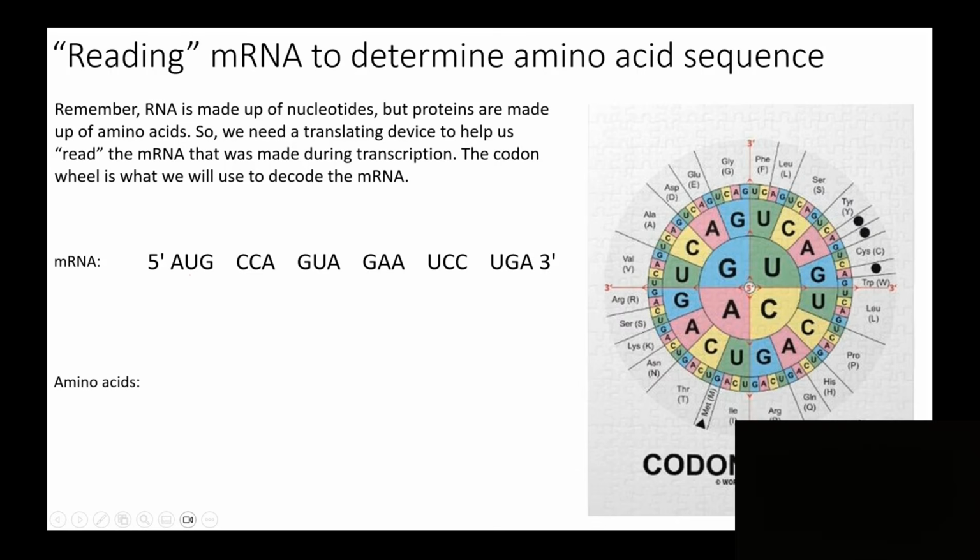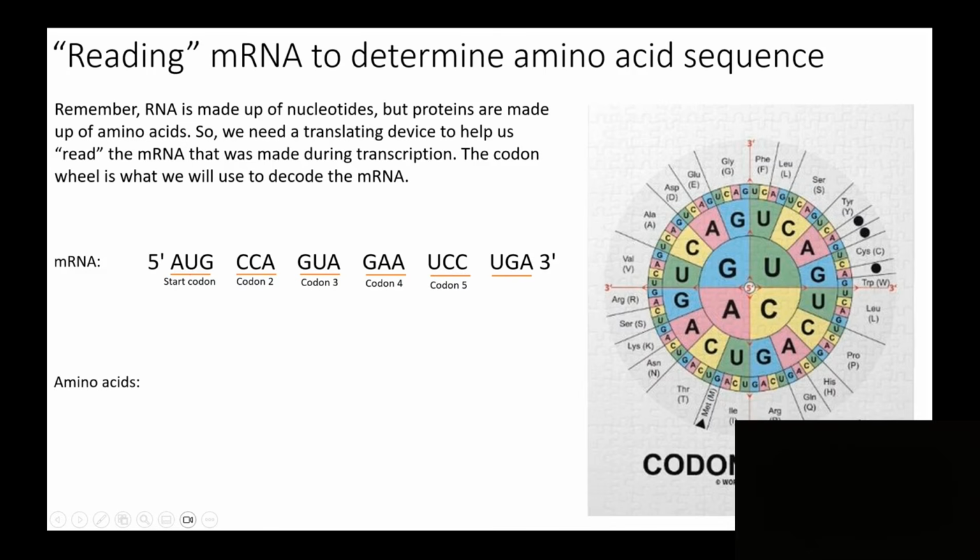So you are going to identify the codons. The first codon is always called the start codon, and it is going to be AUG. That's just how it is. Then notice I have all the other sets of three, the other codons, identified, and we just number them. So we have codon 2, 3, 4, and 5.